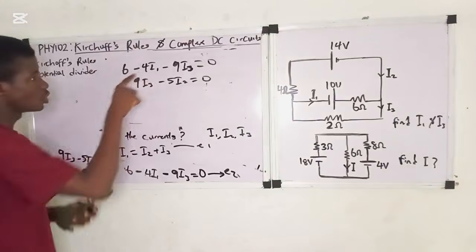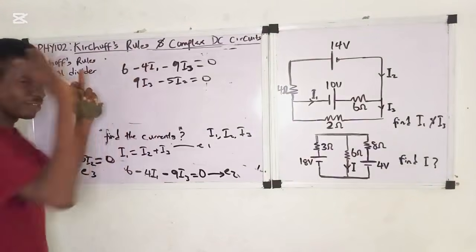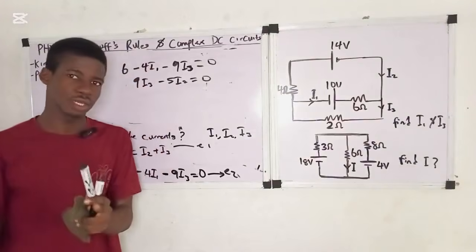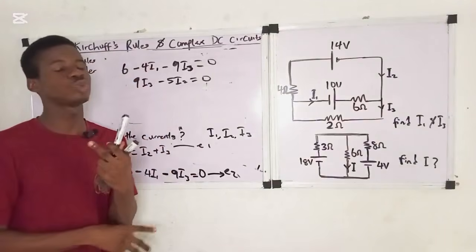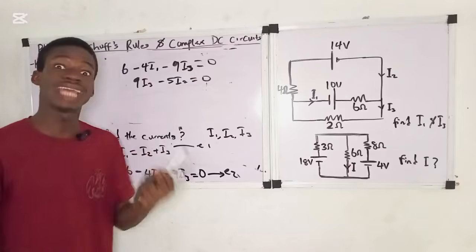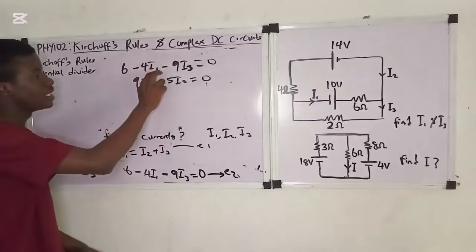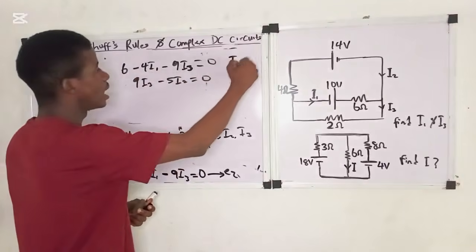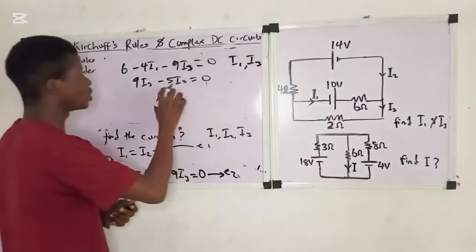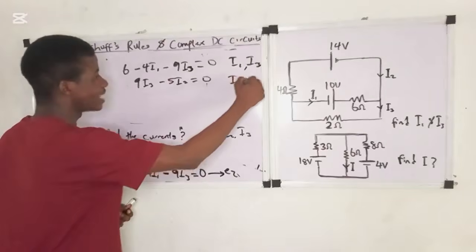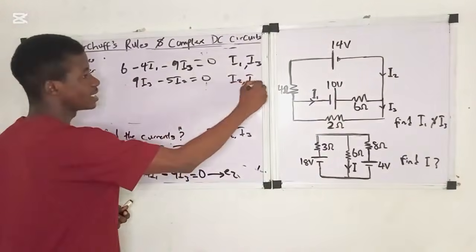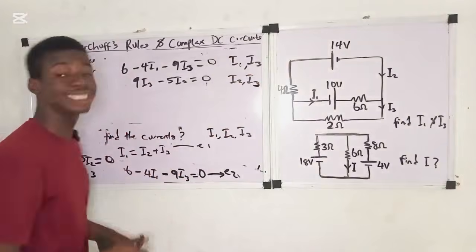I don't know if you understand. You want to use simultaneous equations: 2 or more equations that have the same unknowns. The unknowns in the first equation are I1 and I3, but in this one they are I2 and I3. Do they contain the same unknowns?